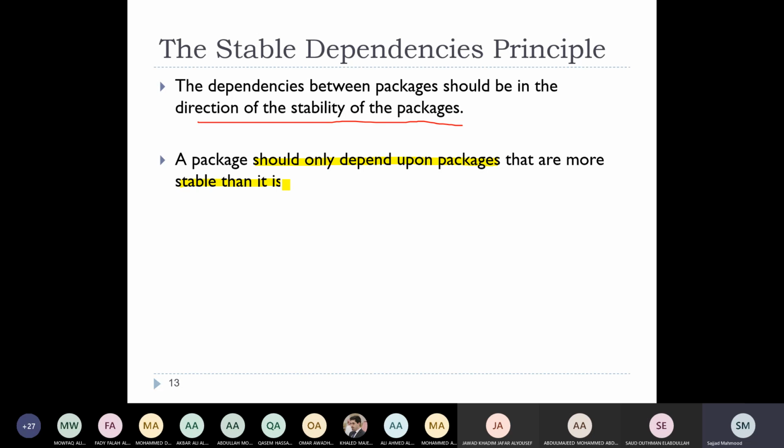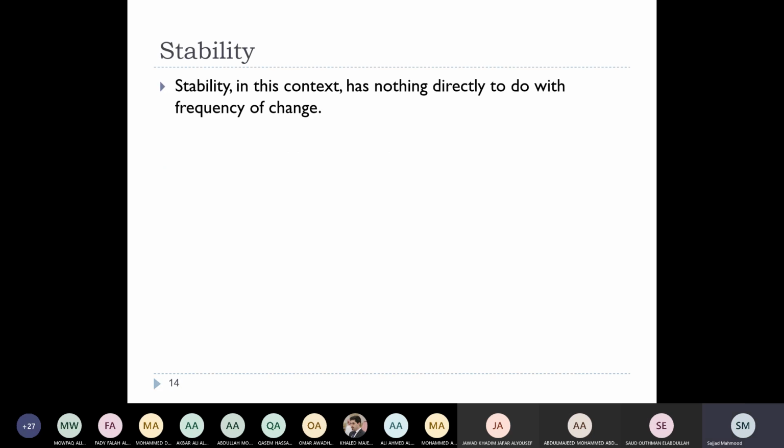Of course, there are many different understandings and meanings of the word stability in software engineering, especially in software metrics. I'm just going to use one example here, because this is not a software metrics or quality course.